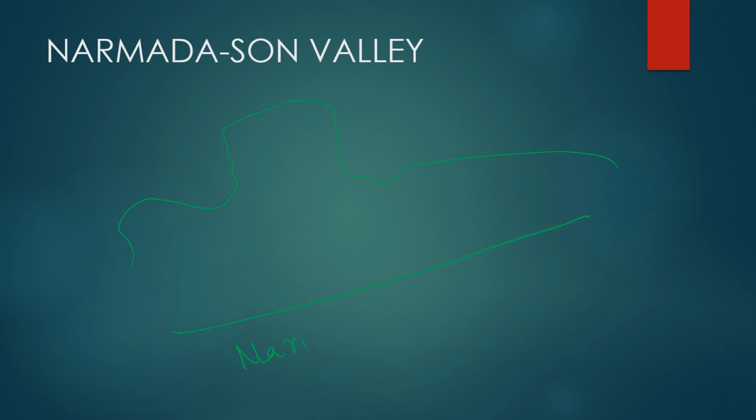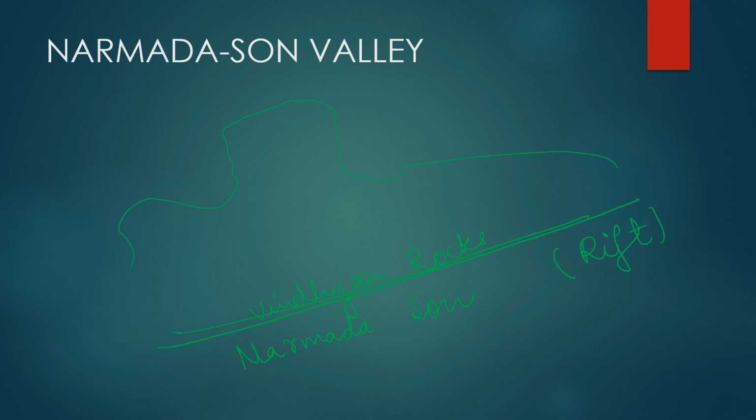This is a rift, and above this we have the Vindhyas. These are the Vindhyan rocks. The Narmada zone passes through a rift valley, which is very deep.